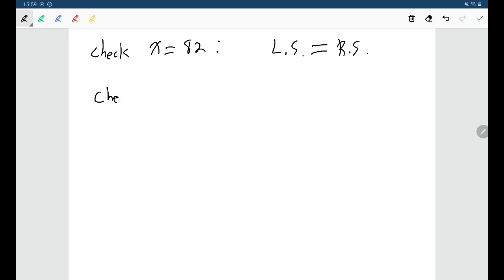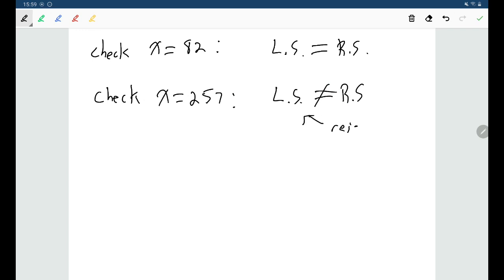But when you check the value of x being 257, you find that the left side of the original equation is not equal to the right side of the original equation, which means that you would have to reject that solution of x being 257. So that means the only solution to this equation should just be the single value of 82.